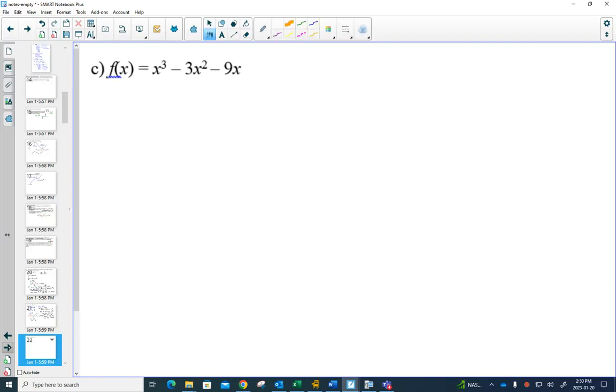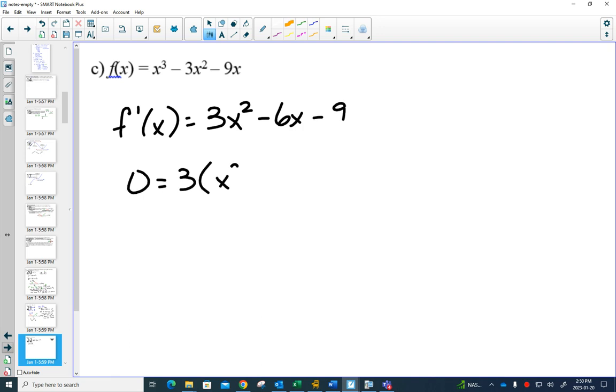With an x cubed graph, set it equal to 0, you could factor out a 3.